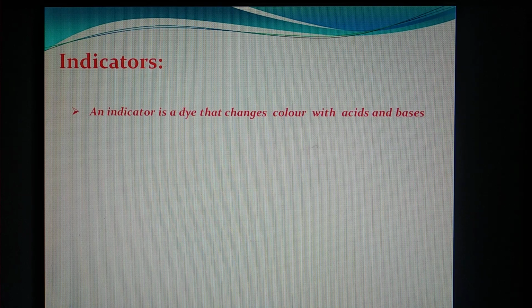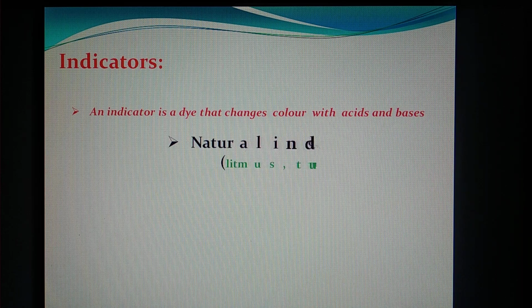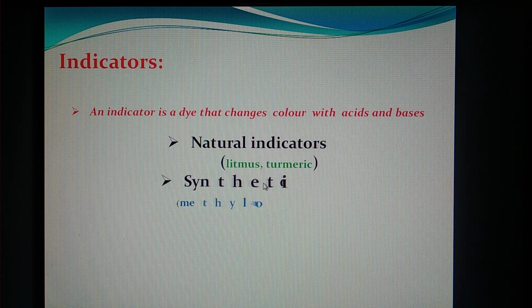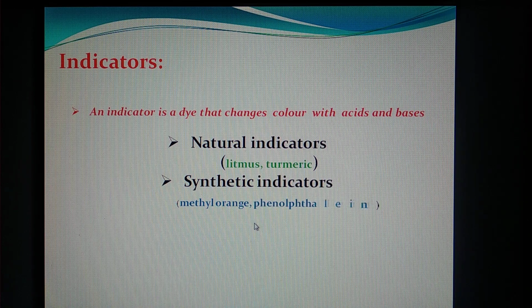According to their availability, all the indicators are classified in three ways. The first one is natural indicators. Example, litmus and turmeric. You have the idea of these two. Next, synthetic indicators. These are the indicators made by man. They are methyl orange and phenolphthalein.